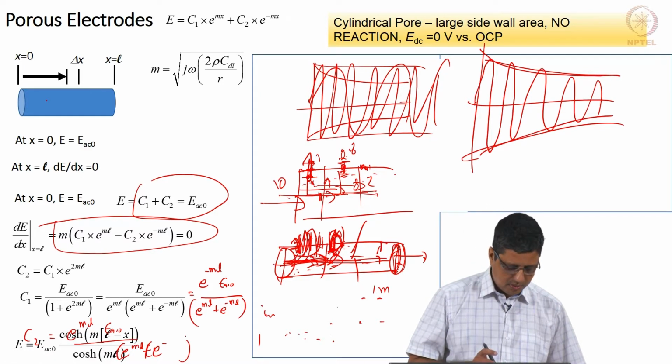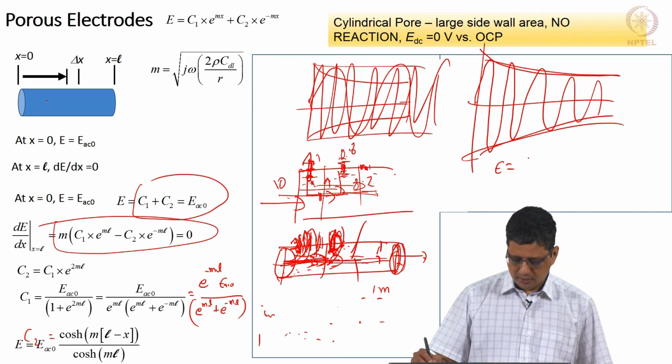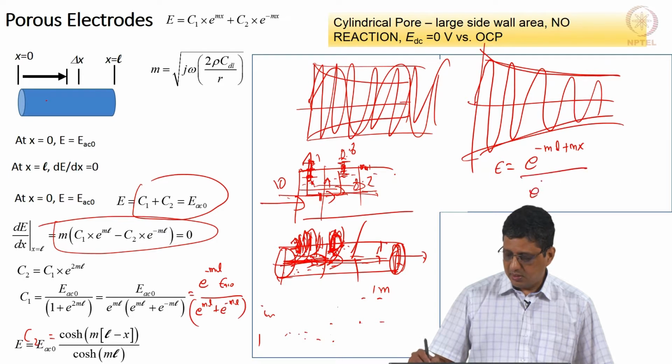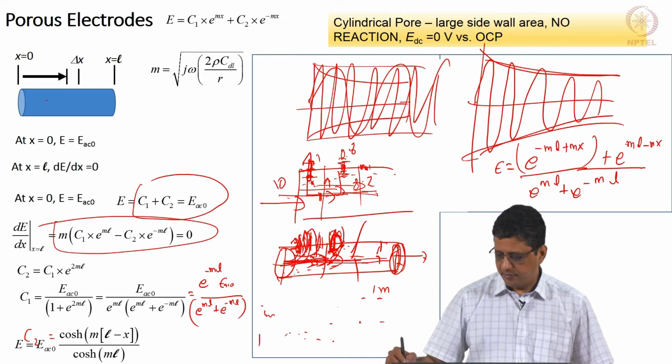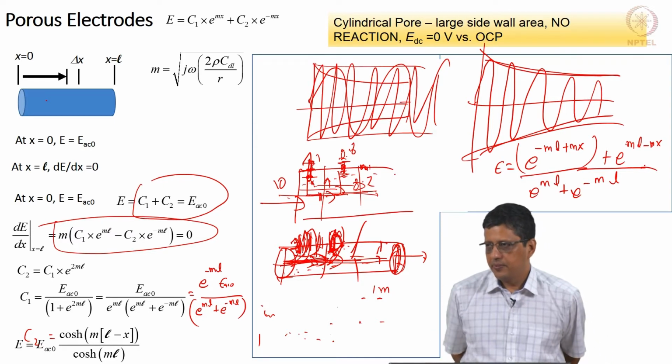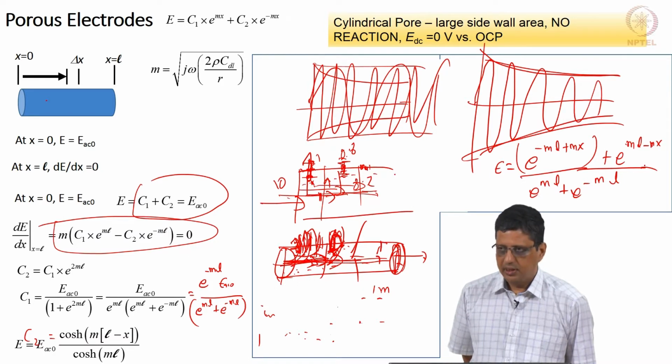And that is going to look, E as a function of x, because E is going to be e power minus ml plus mx, substituting for C1 and C2, you can write it as hyperbolic cosine ml minus mx by hyperbolic cosine of ml.